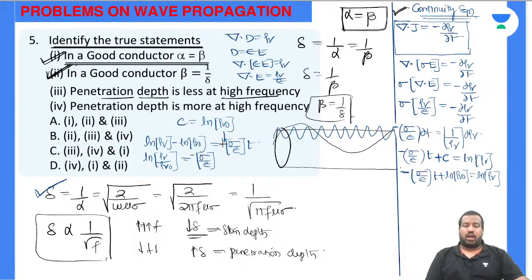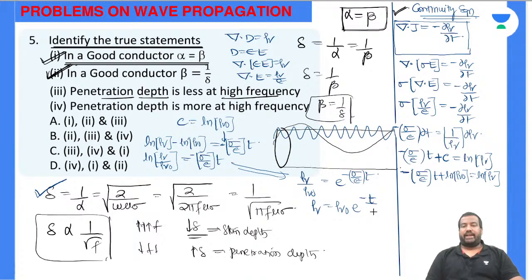This implies rho v by rho v naught is e power minus sigma by epsilon into t. Rho v is rho v naught into e power minus t by tau.